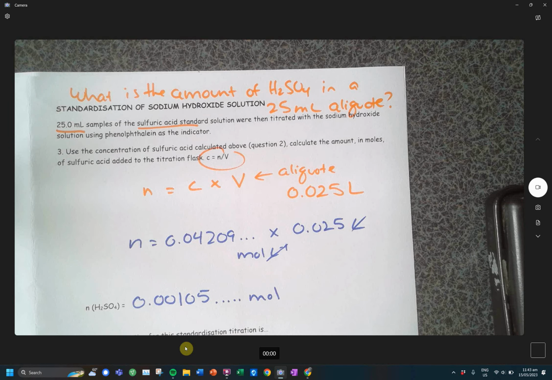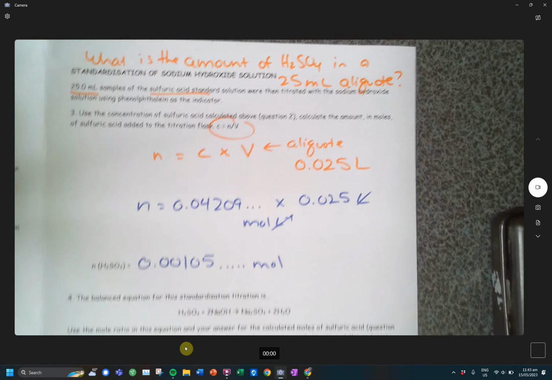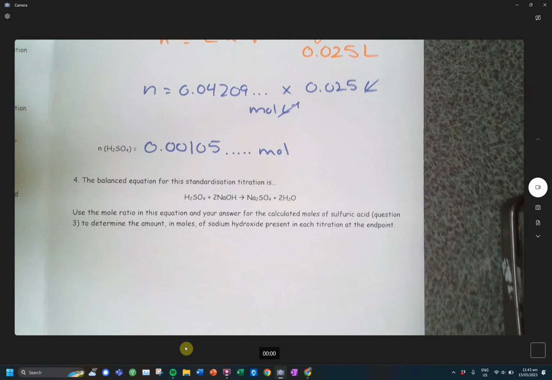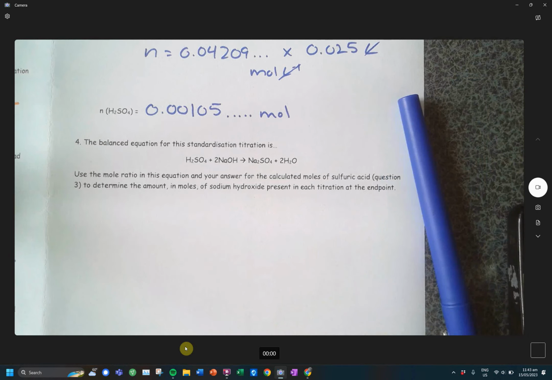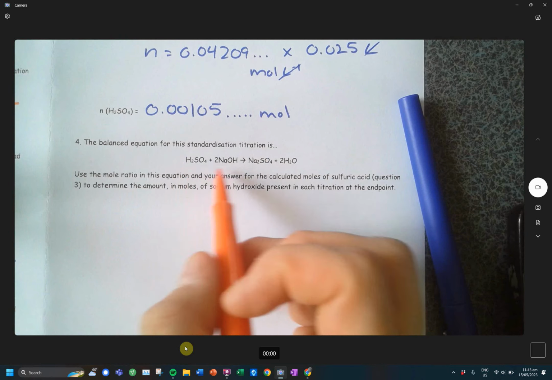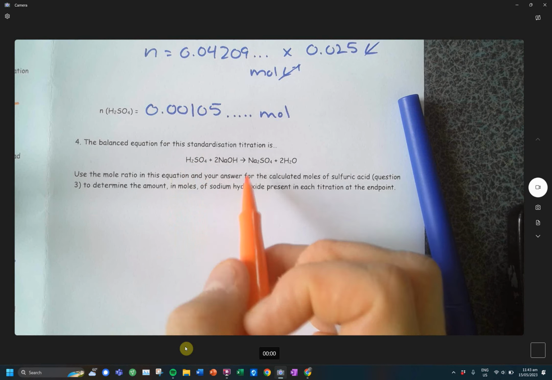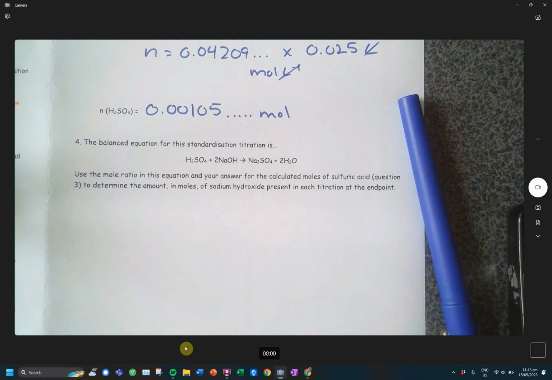Keep going? All right. Here's where the stoichiometry comes in. You're learning a new word today. They have given me a balanced equation. You guys don't have to worry about writing your own balanced equation. That's provided for you. And this is basically how much sulfuric acid you have and then how much in a ratio of the sodium hydroxide you need.